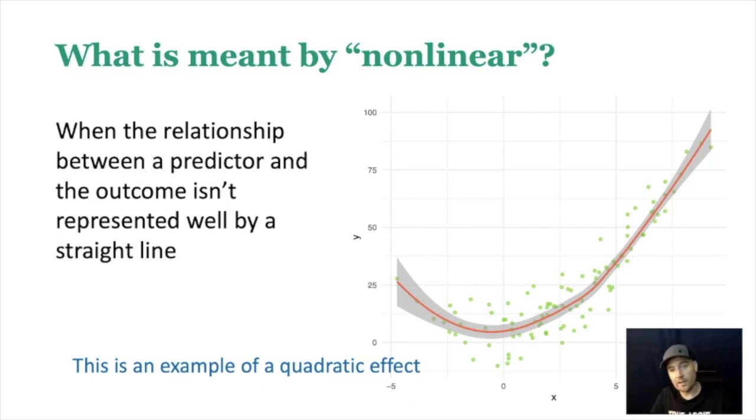And right here, this is an example of a quadratic effect. So this is where it starts a little bit higher, goes down to some minimum and goes up. Or you could see something very similar where it starts low, goes high, reaches a high point and comes down. Those are quadratic effects.